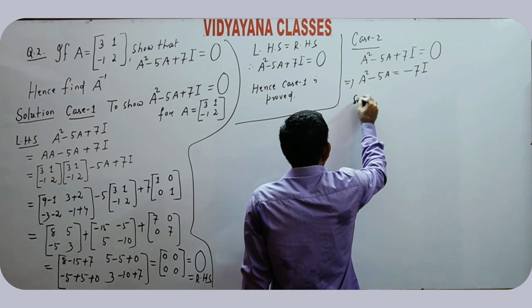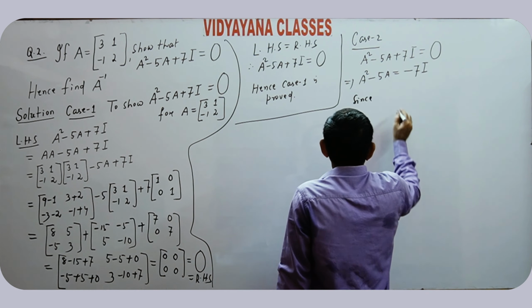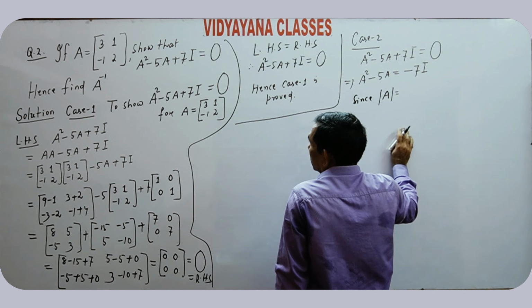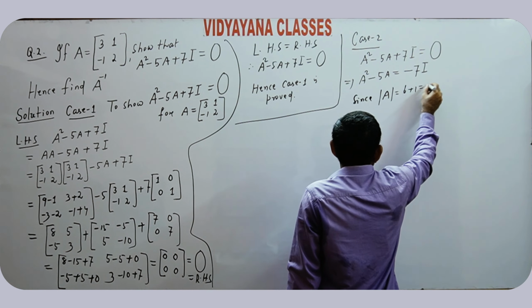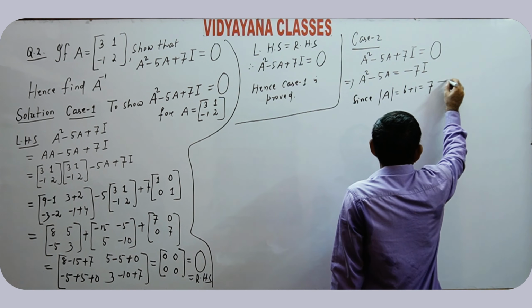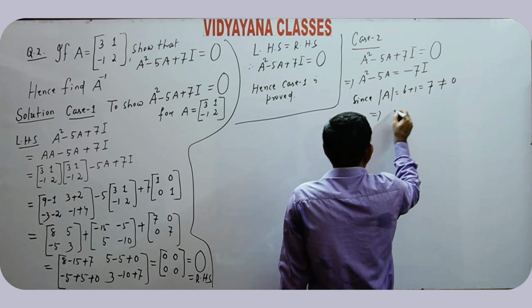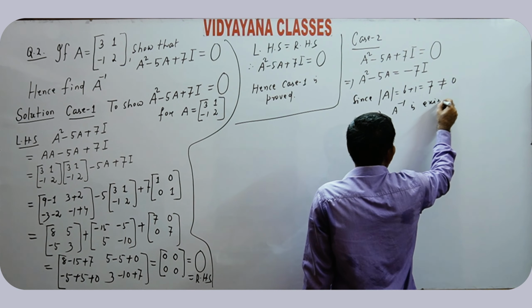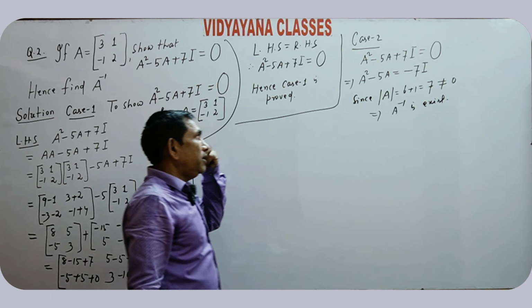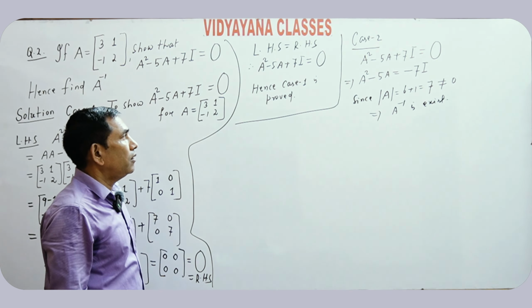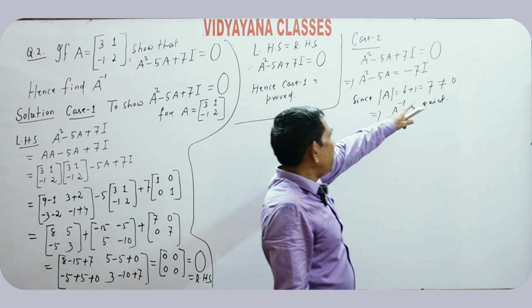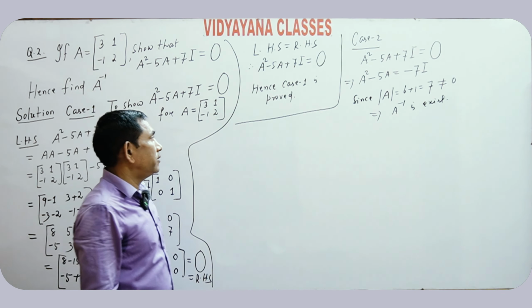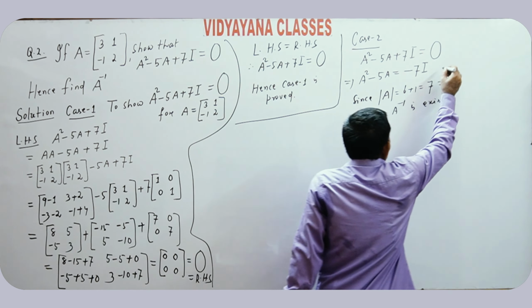Since determinant of A is 6 plus 1, equal to 7, not equal to 0, A inverse exists. Since A determinant is not equal to 0, A inverse is defined by adjoint divided by A determinant.